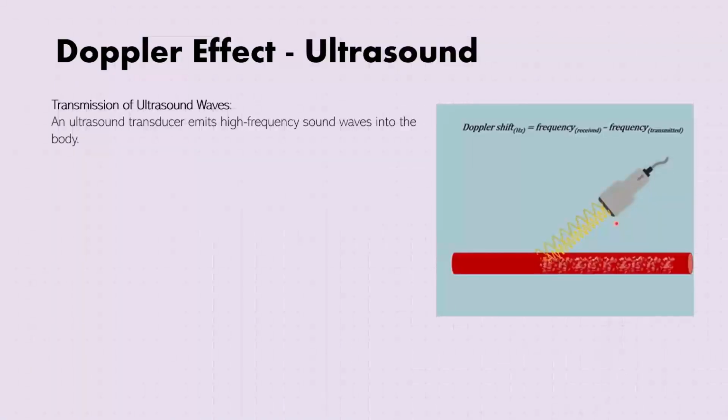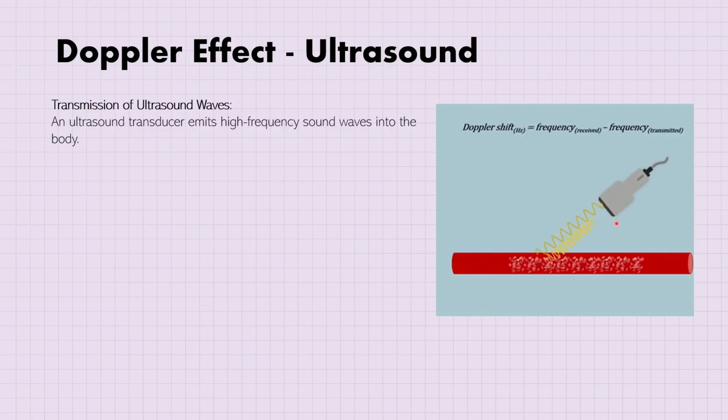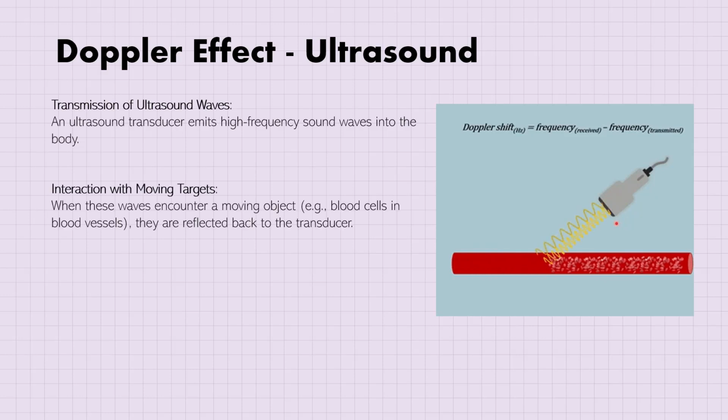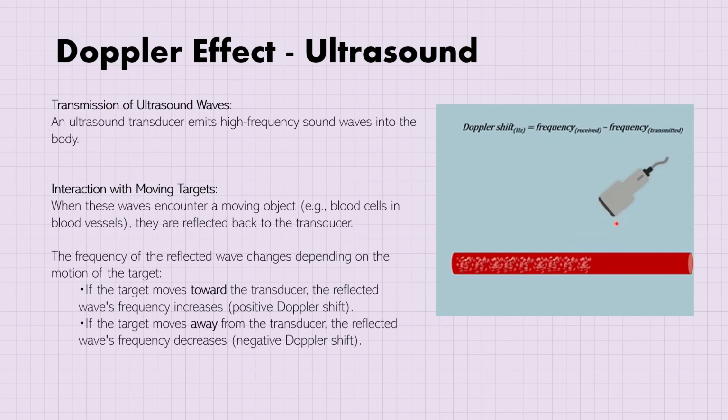So, this is actually related to how ultrasound works, right? An ultrasound transducer emits high-frequency sound waves into the body, right? These waves interact with a moving target, like blood cells, and are reflected back to my transducer.